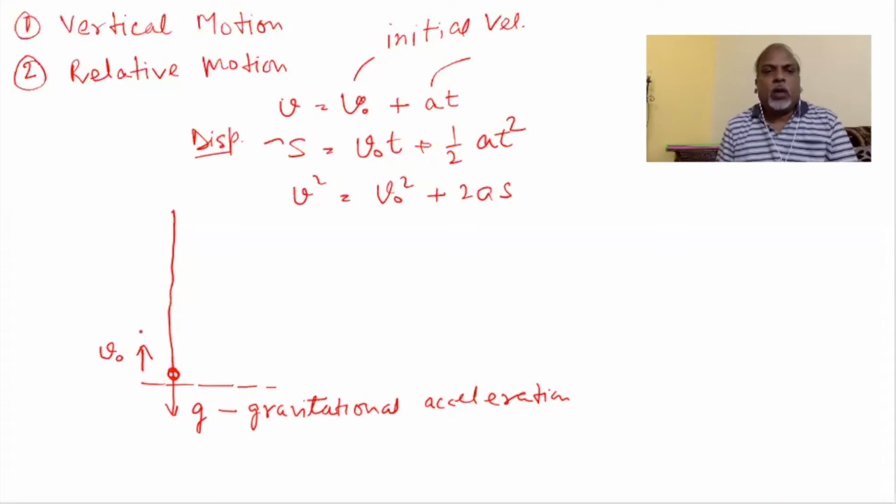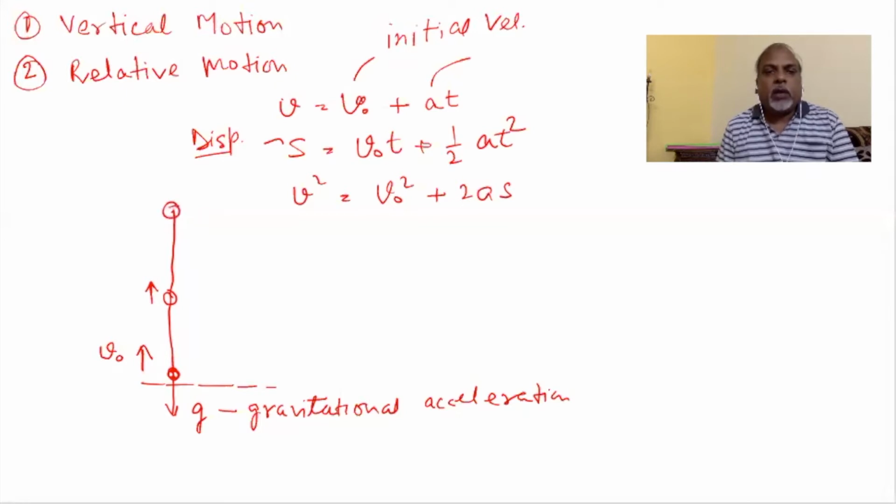Now, when it is going up, a constant gravitational acceleration is acting on it, and since v and g are in opposite directions, this v will keep on decreasing.